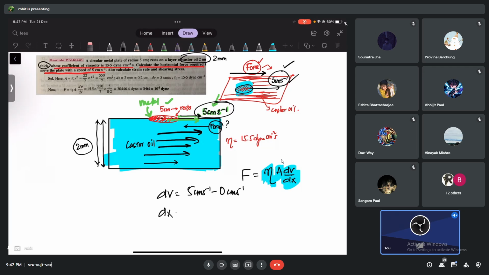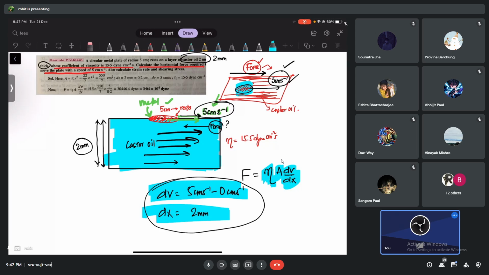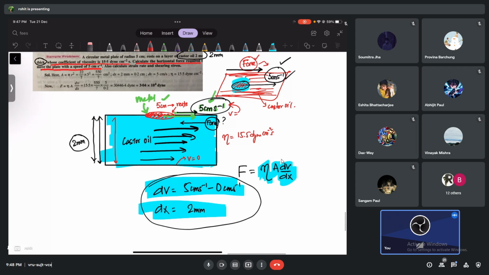What is the dx between these two layers? 2 millimeter. So I think you can find dv by dx, right? Because the speed of this is 0 and the speed of this is 5, I just have to subtract these two. I'll get the change in velocity for this much distance, which is 2 millimeters, so I'm just going to divide this by this.